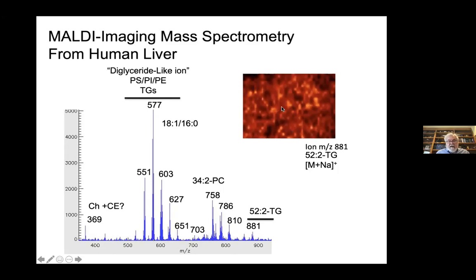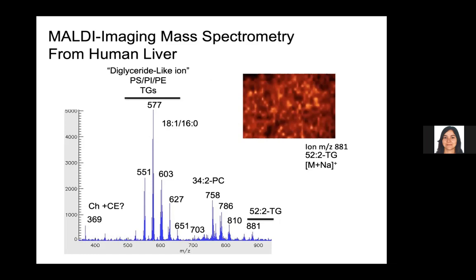But I've shown you this because there have been several papers, and one is too many, but there have been several papers which have used imaging mass spectrometry and interpreted what the images are. And in particular, I will want to point out these ions down here between 550 and 600. They were interpreted as diglyceride ions.